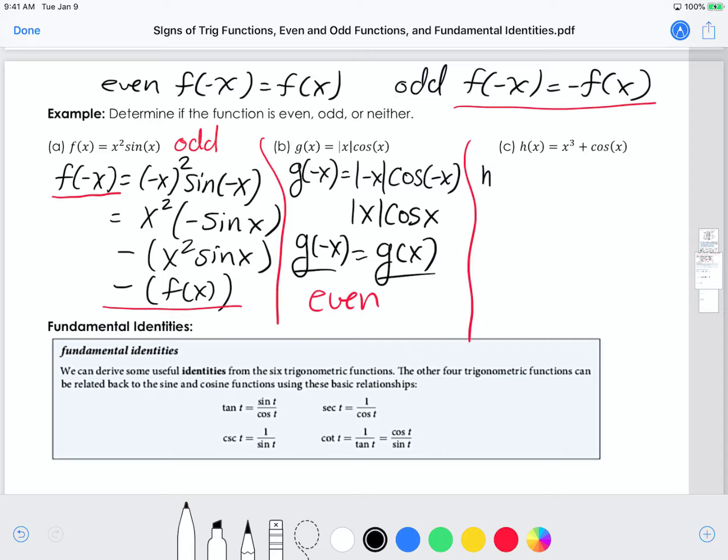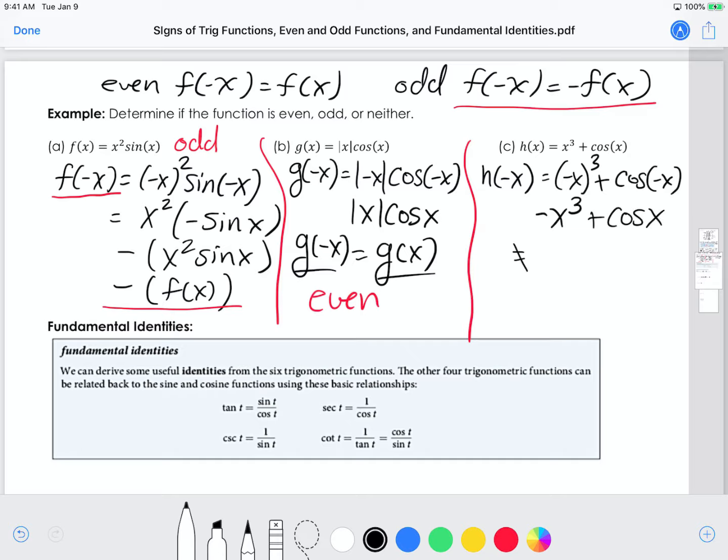The last example, I'm going to replace all my x's with negative x. Negative x to the third means negative x times negative x times negative x, which is negative x to the third. Cosine of negative x is equivalent to cosine x.